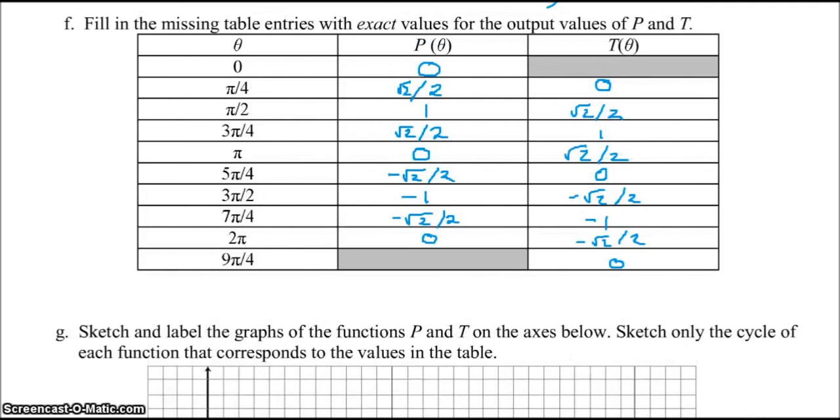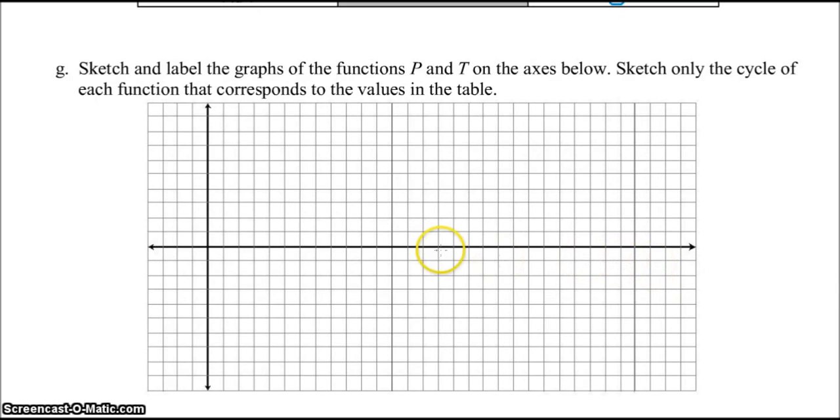Alright, so I have all these pi over 4 values. Sine starts at 0. If I say this is pi over 4, then we go up to square root of 2 over 2, which is 0.78. So let me just call this 1. So we go up to about right here. Then at pi over 2, we're at 1.